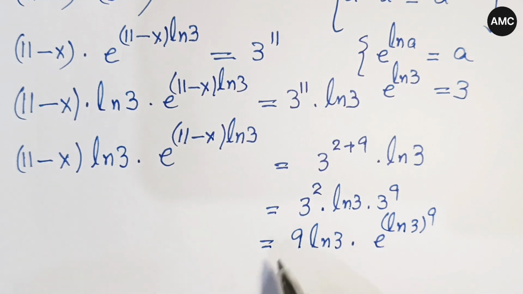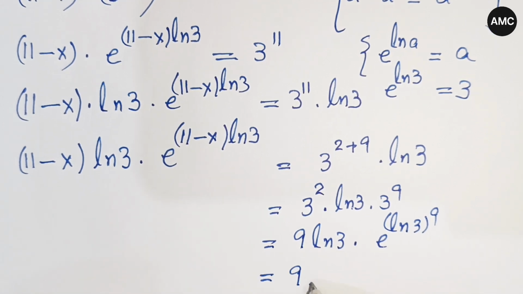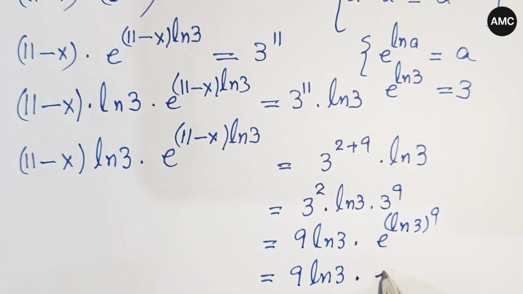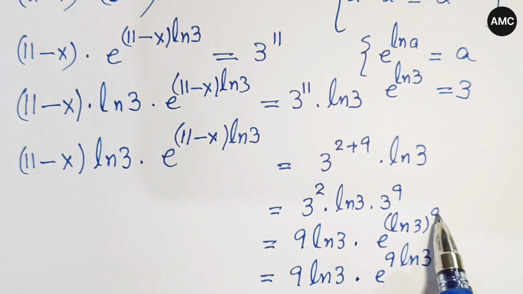So we have 9 natural log of 3 times e to the power 9 natural log of 3, applying the logarithm power law.